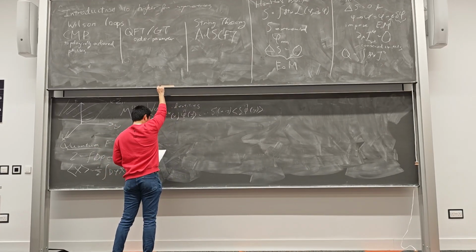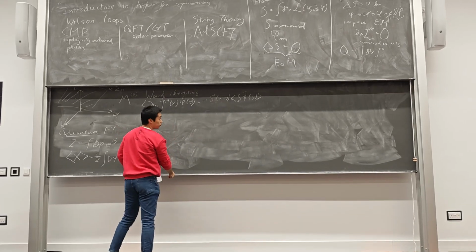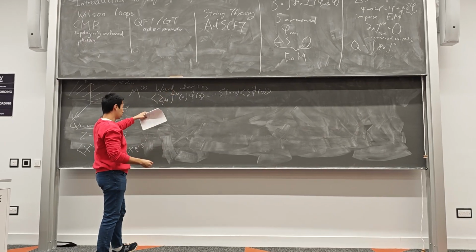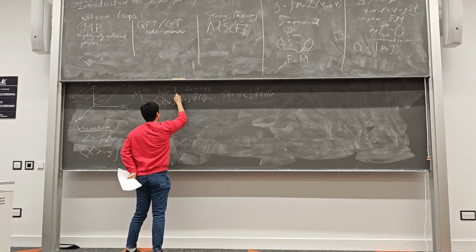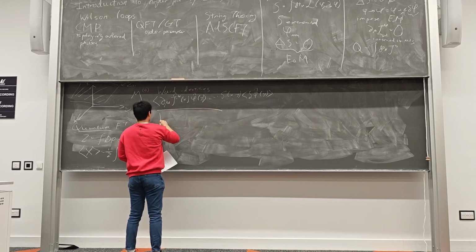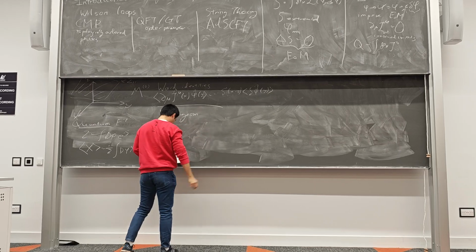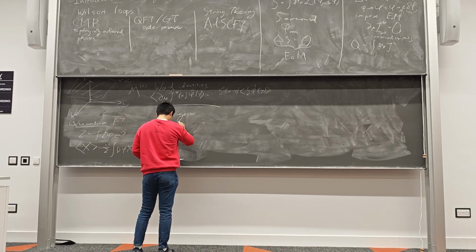Now, what we want to do is to generalize this to higher forms, so we have to use differential geometry. So we are going to generalize everything here in terms of differential geometry. So first, this current becomes a one form.